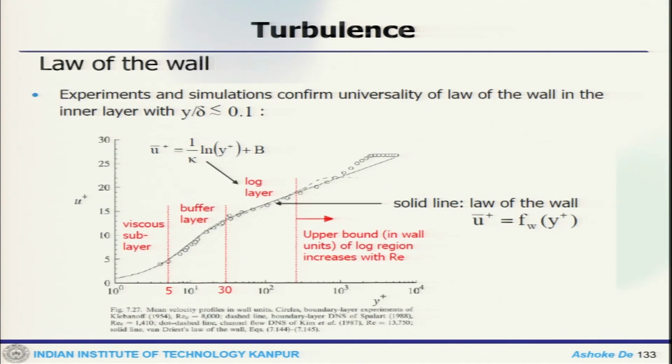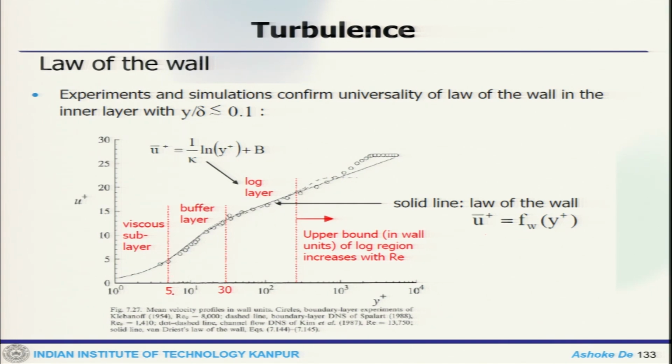And now, if we go to the law of the wall, there are multiple experiments and simulations that have been done to find out or confirm this law of the wall, which is the inner layer with y by delta less than 0.1. So, this is a plot of u plus versus y plus. So, the law of the wall is u plus is a function of y plus.